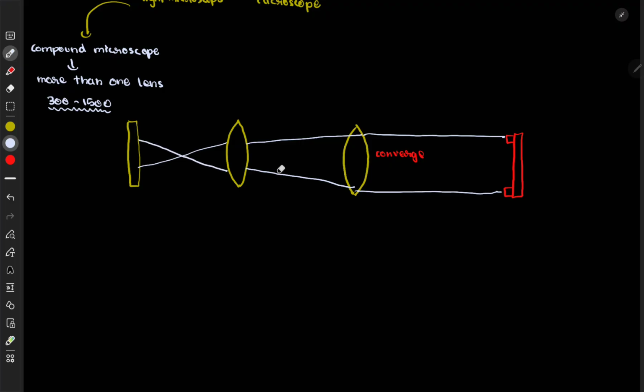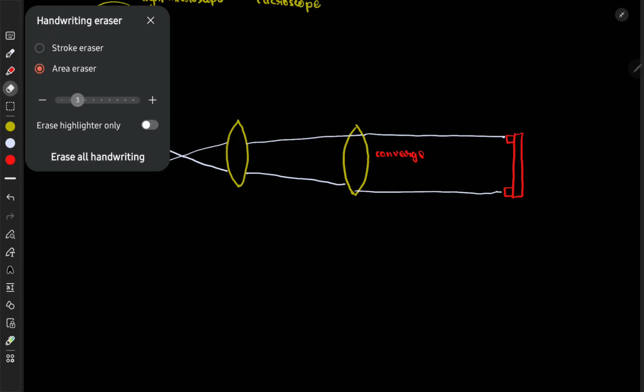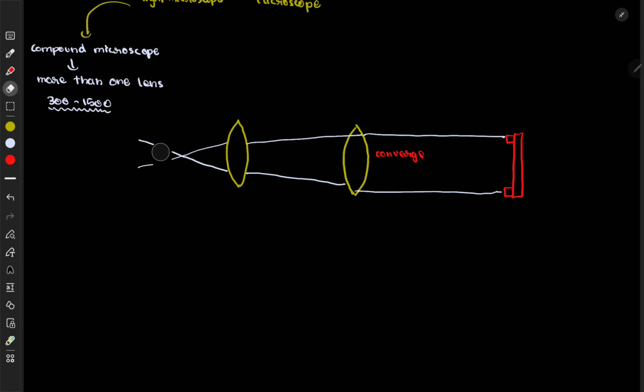Let's say these converge over here. I'll erase all of this with the area eraser and draw the object here.